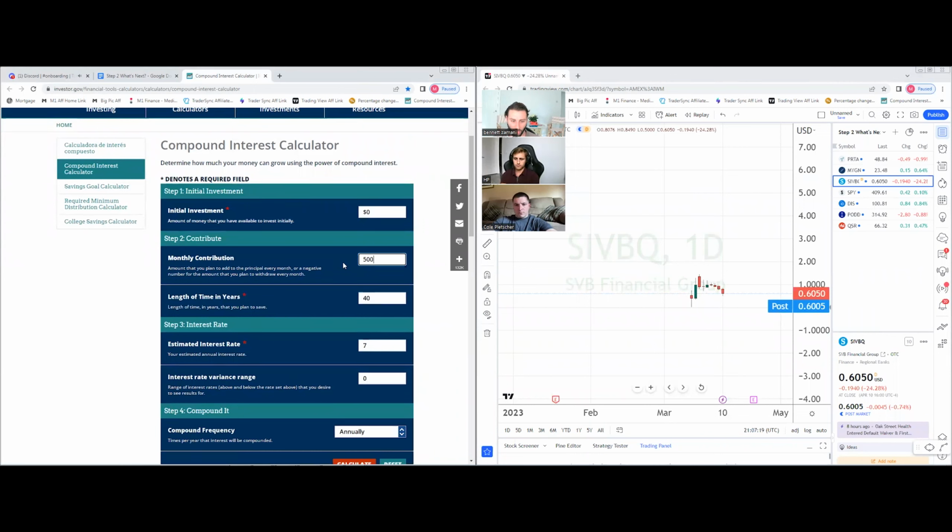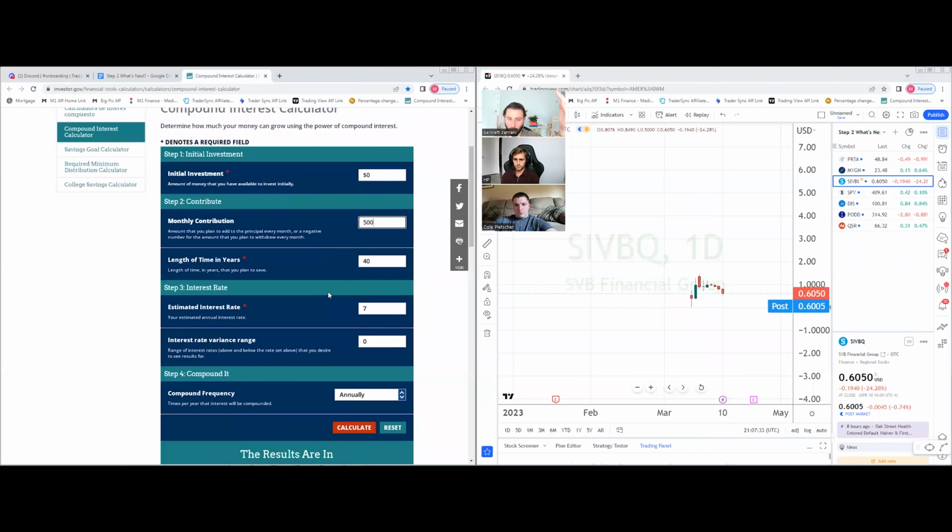So $500 a month. We're going to say the average member who's joining is typically in their late 20s, early 30s. So there's about 40 years of investment time in front of them before they reach retirement. We're going to be very conservative with the rate of return that one would earn if they're just buying the S&P or following the big picture model.